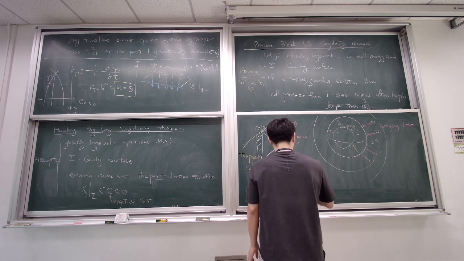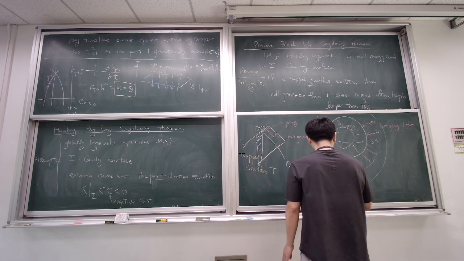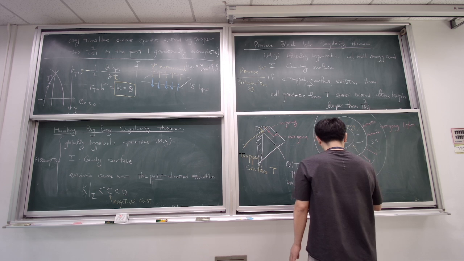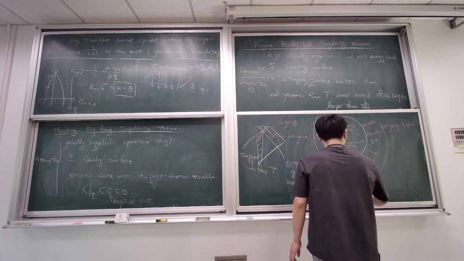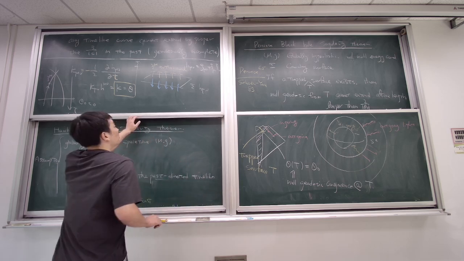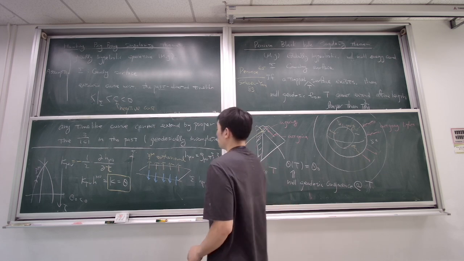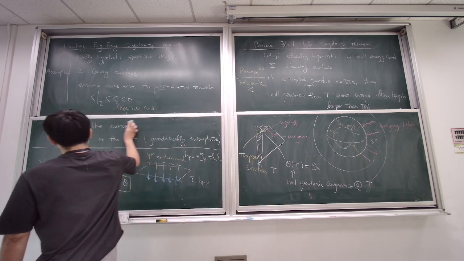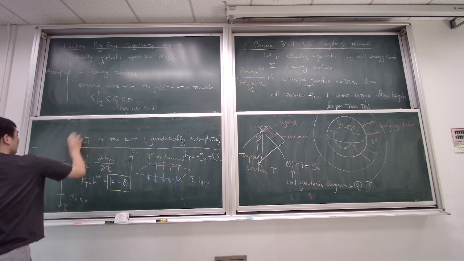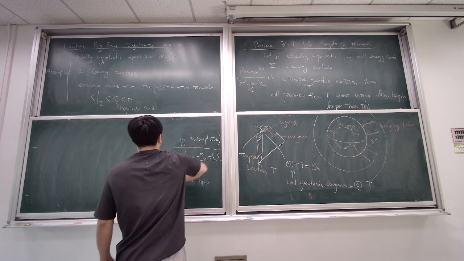So this is the null geodesic congruence at the trapped surface T. Theta 0 is this. Anyway, so this is the explanation of the terminology.